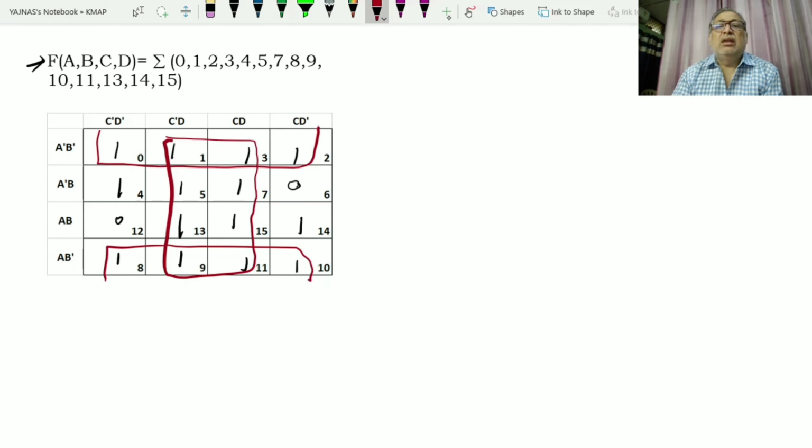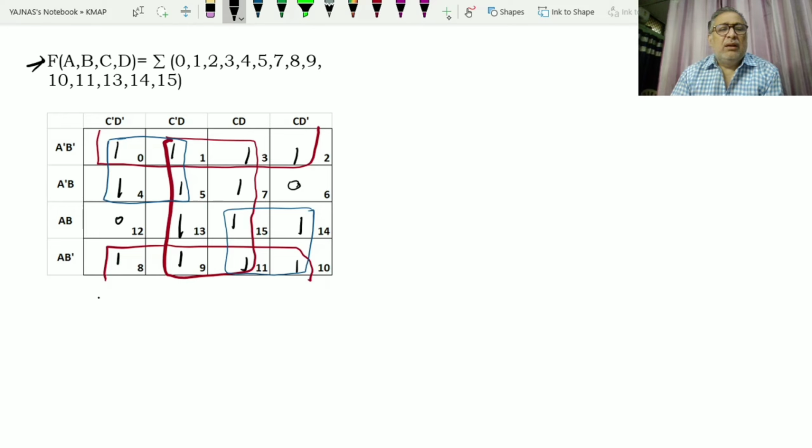Right. Now if I look for this one, it can form this group, octet, and the 14 can go with the next 3 elements which are adjacent to it. Is this grouping any problem?